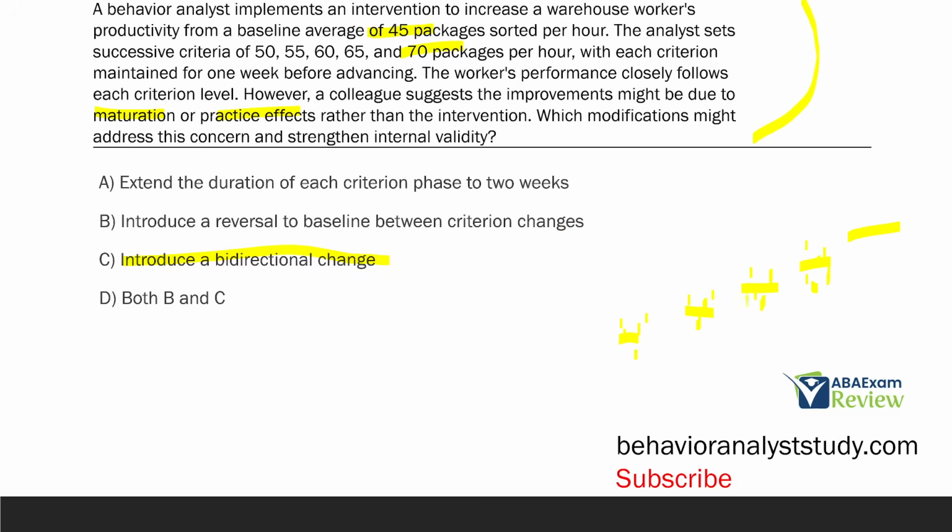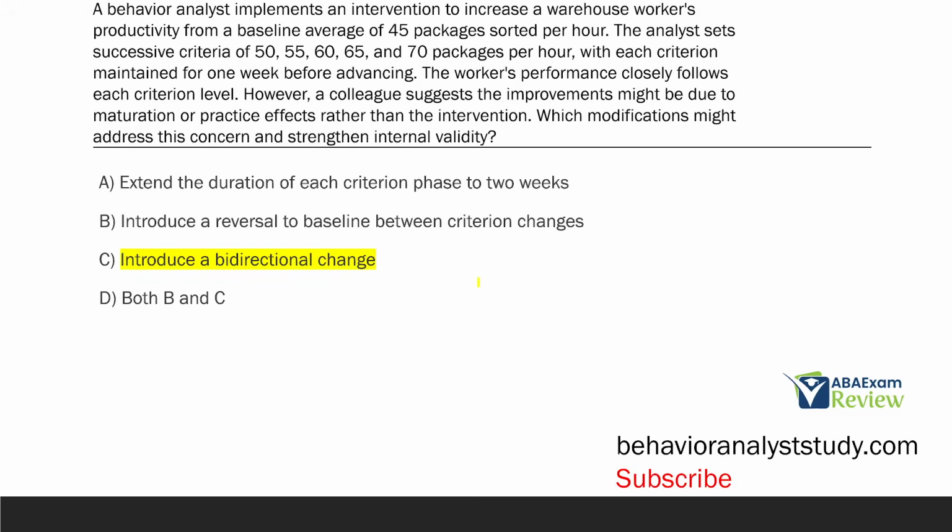So instead of jumping all the way back to baseline, we could go from, let's say, 65 or whatever this may be, back down to 60. If we actually have experimental control, what's going to happen? Well, the behavior is going to stay here. Once we drop it back down, it's going to stay right around the criterion. That's what we're looking for with changing criterion designs. So with a bidirectional change, we can start to see a stronger example of that experimental design.